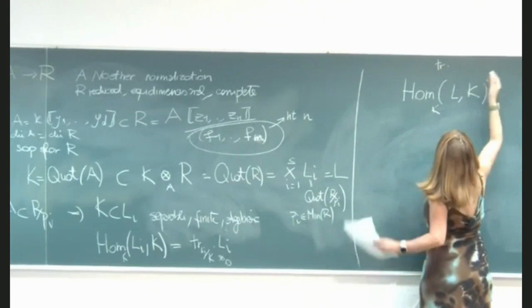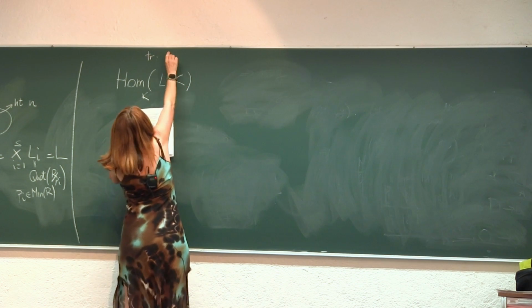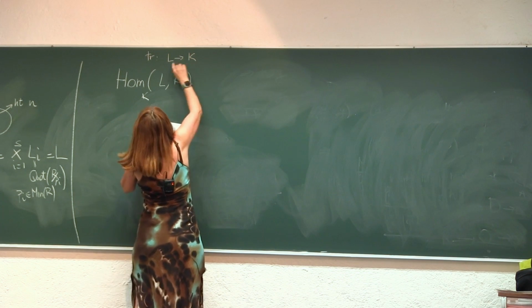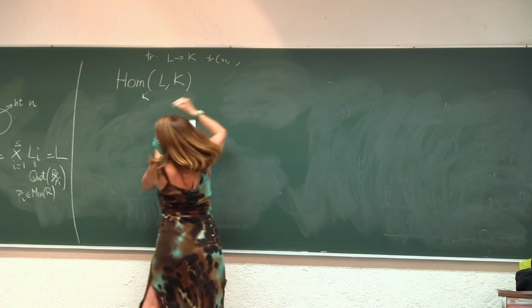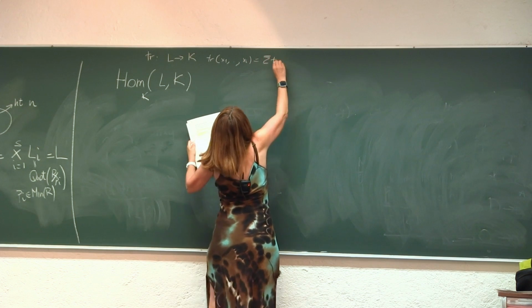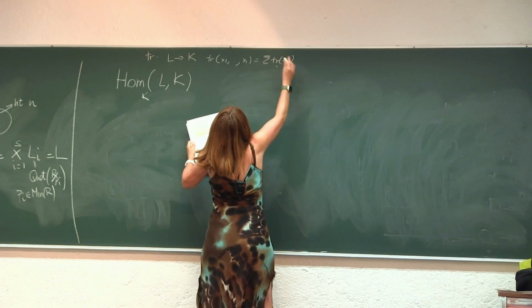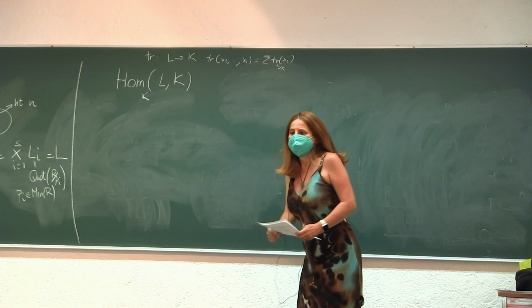But now, because of that, you can just define a trace map. This is different from 0 because it's separable, okay? So you can define a trace map at this level. You define it exactly like you would imagine to define it from R to K. Remember, this is a product of fields.